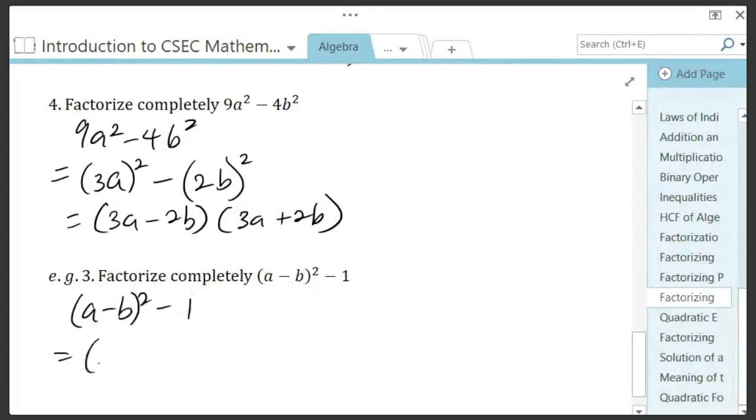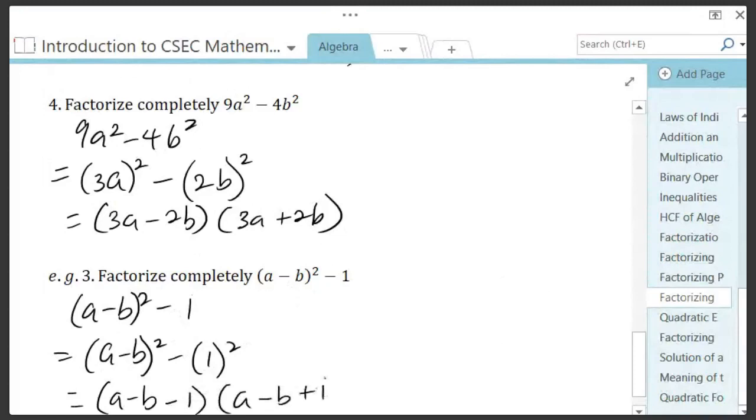So this is already expressed as a square here, a minus b squared, and we could express here 1 as a square. All right, because the square root of 1 is 1, so when we square it, we still get back 1. And we'll use the terms inside of the brackets here to write the conjugates. So this is a minus b minus 1 by a minus b plus 1.